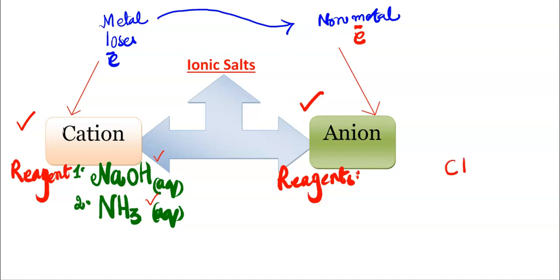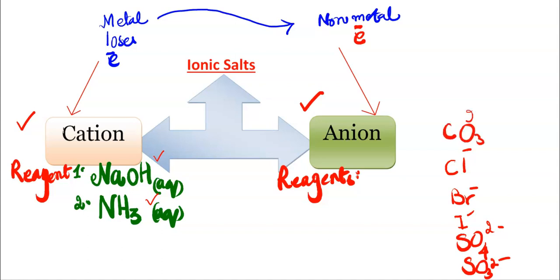So you have chloride ion, bromide ion, iodide ion, sulfate ion, and sulfite ion, right? So these are the ions which you need to identify, and the first one is carbonate ion, right? Now what are the reagents?